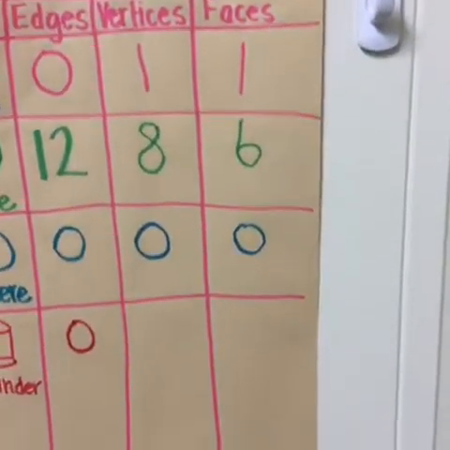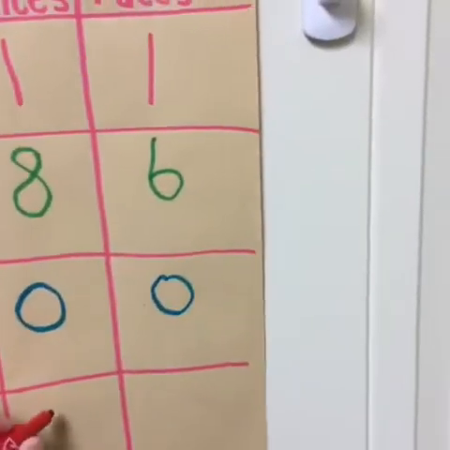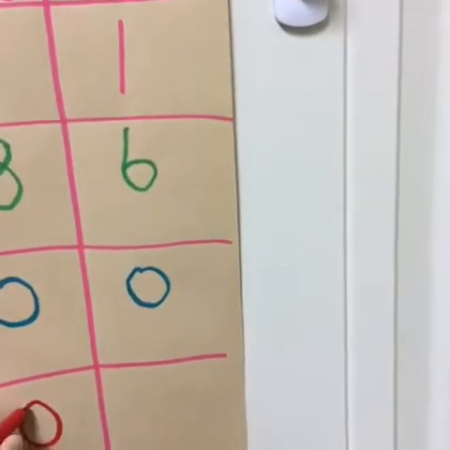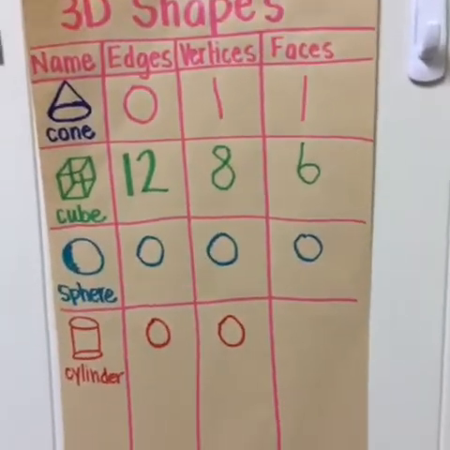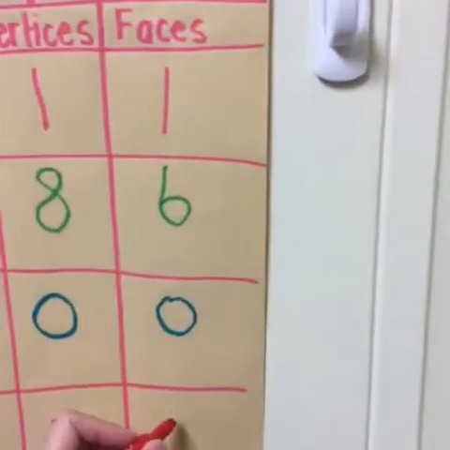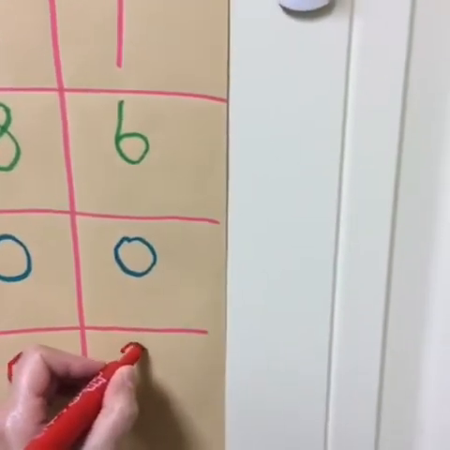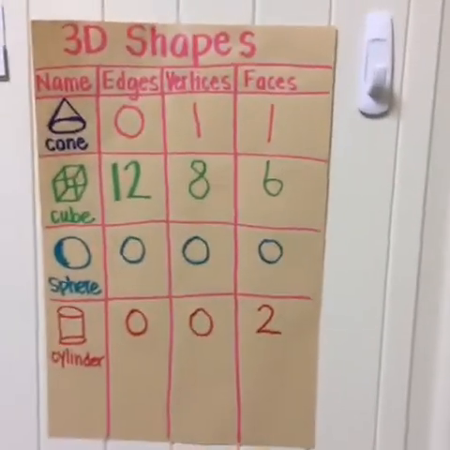How many vertices did we say we had? That's right, we have 0 vertices. And last but not least, how many faces did we say our cylinder had? That's right, we have 2 faces. Nice job, kiddos.